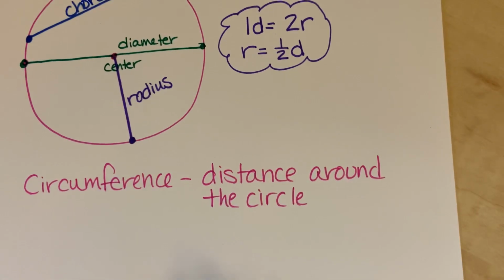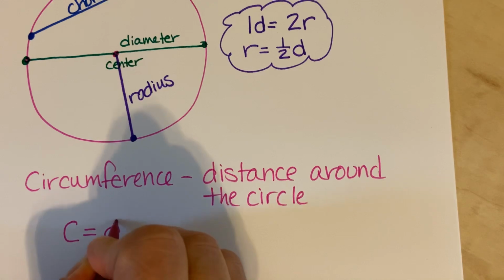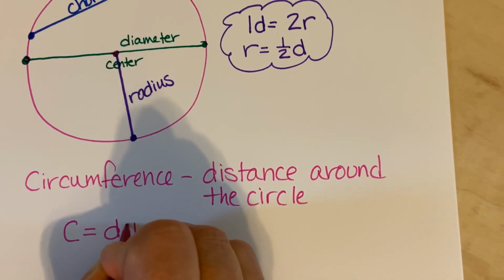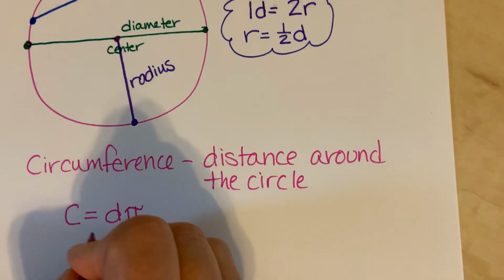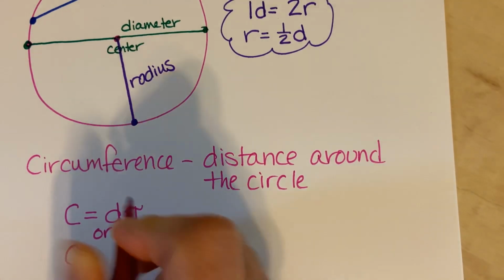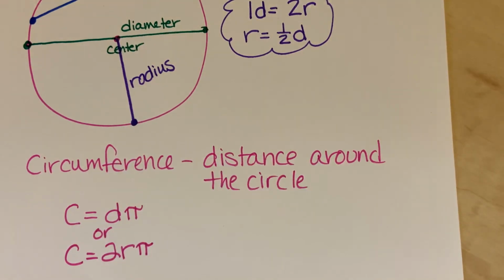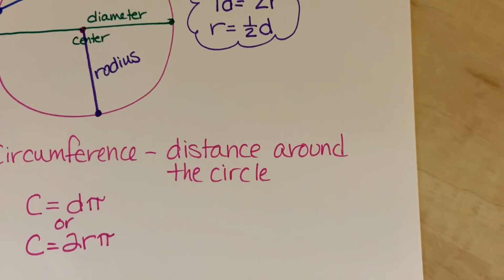Okay, so the formula for that is, there's 2 formulas you can use for that. They are the same thing. Diameter times pi, okay? Or because one diameter is 2 radiuses, I could say 2 times radius times pi, okay? Those are the exact same thing.